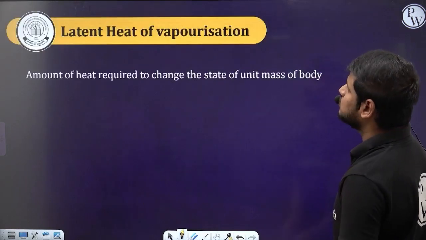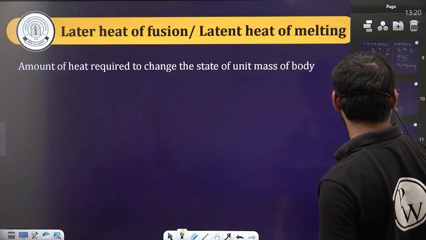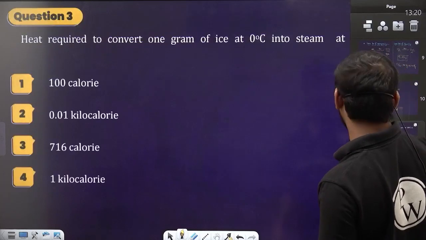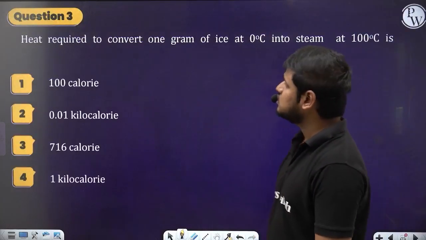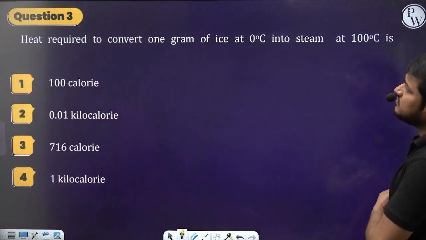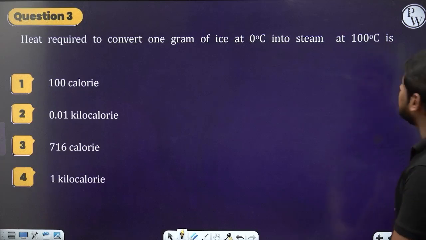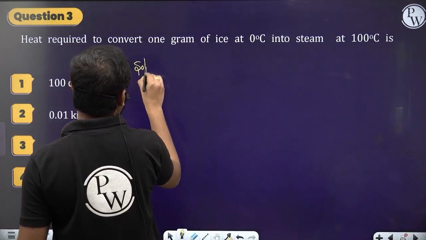So now, we don't need another slide for this. We actually have the slides, but I am deleting this because I already wrote it here. So just go for the question. What does the question say? Heat required to convert 1 gram of ice at 0 degrees centigrade into steam at 100 degrees centigrade. First draw the flow chart, then go for the procedure.